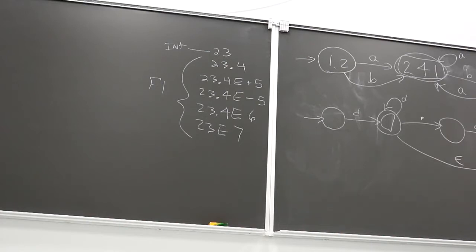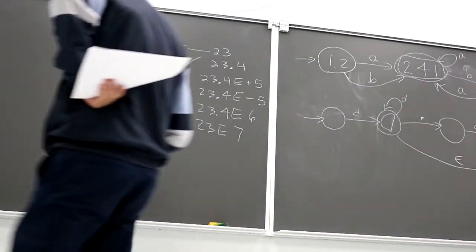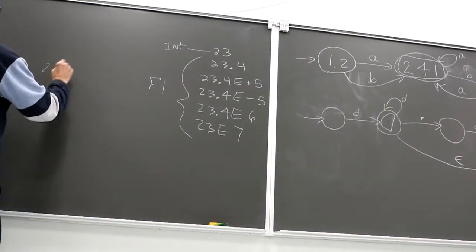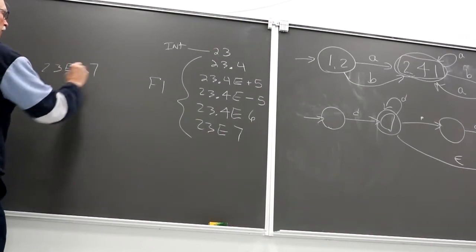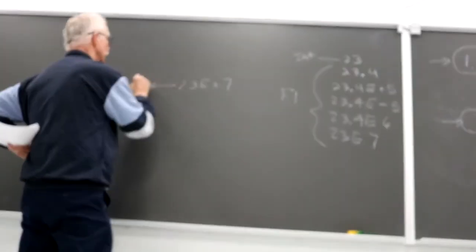You all hear what he said? He said that if we have 23E plus 7, that is technically an integer. Let's do 23E2, because that's 2300.